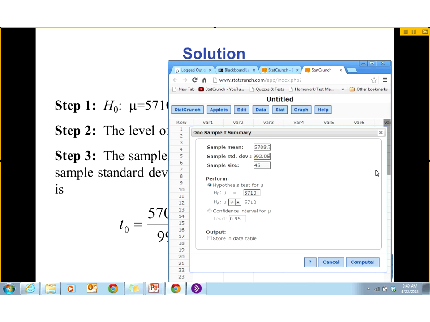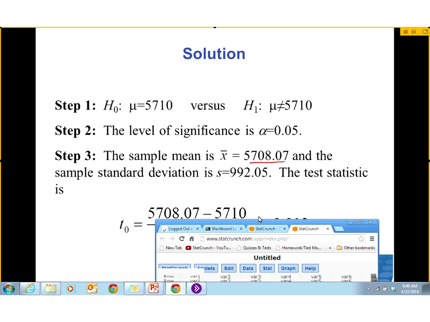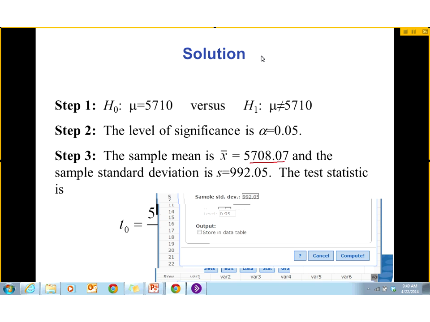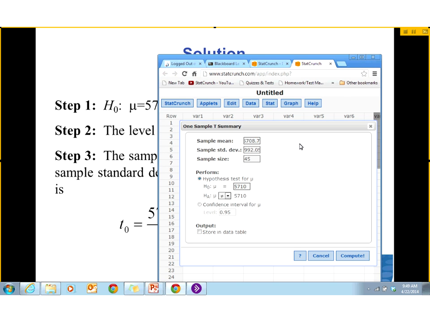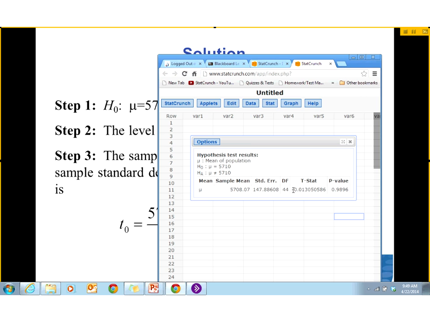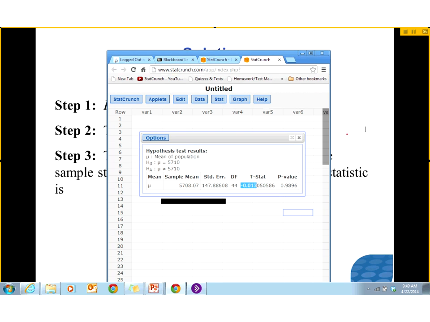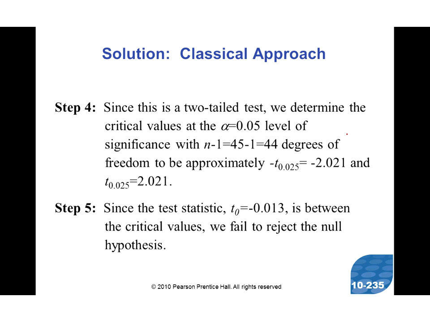I don't know why we're getting a different number. Oh, 0.07. Look what I did right here. 5708.07. There it is. So look at our t, negative 0.013, which is exactly what they got here. All right, let's go on.